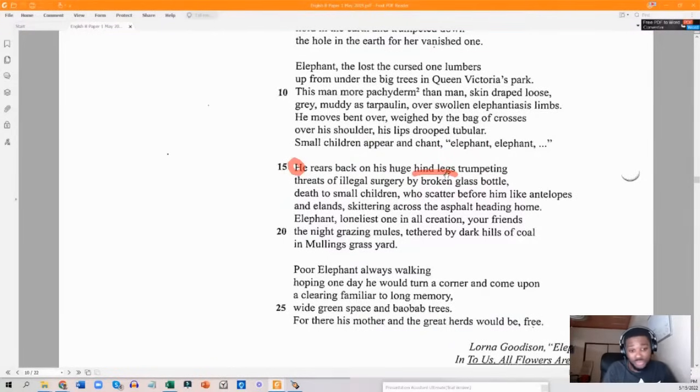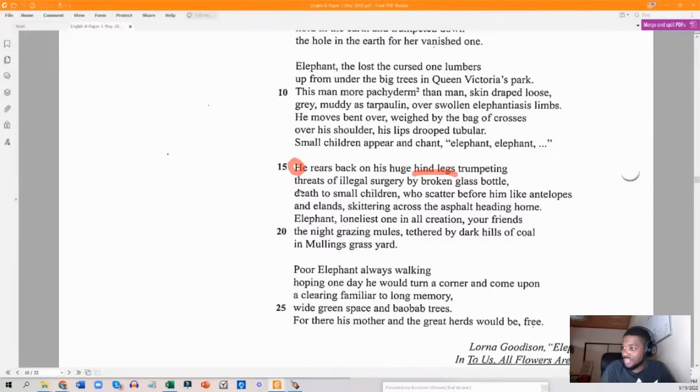We know this for one because the elephant mentioned in the first stanza is not a male elephant, right? It's a mother elephant. So it couldn't be that elephant here. So we're still talking about the man. So hind legs here is used metaphorically, basically emphasizing the skin condition. He really looks like an elephant.